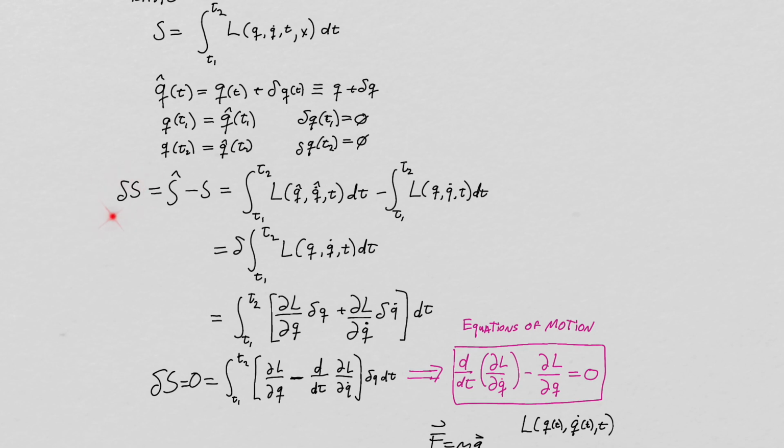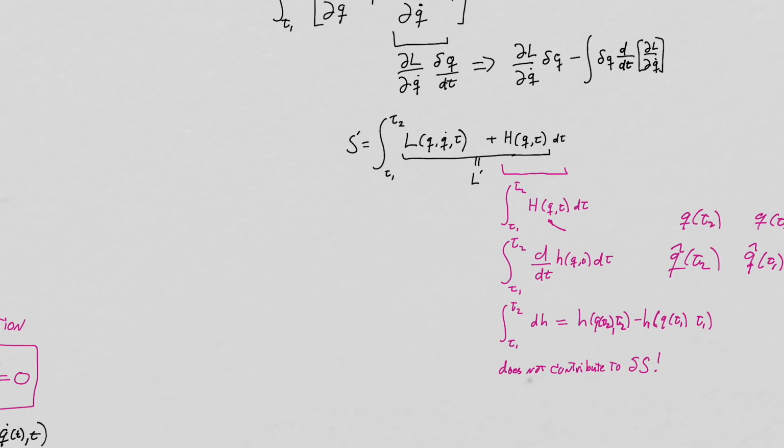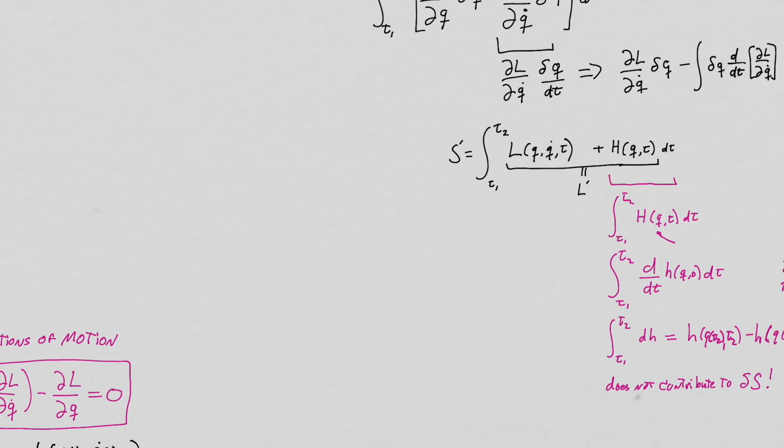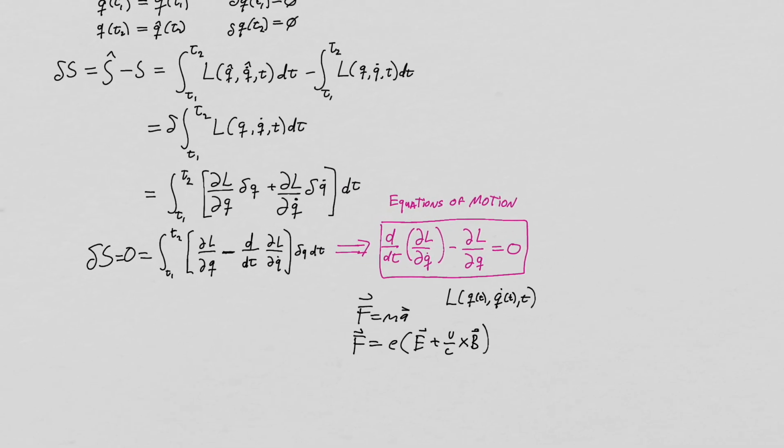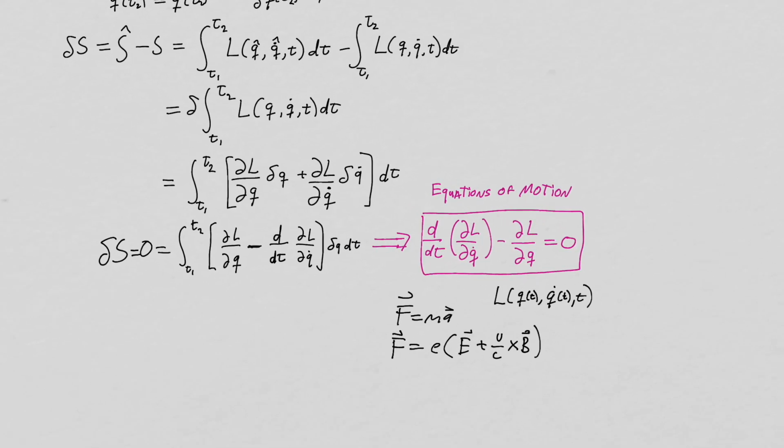The point is now your action is still zero. So these Lagrangians, the Lagrangian with this extra function added onto it, if that function was the total derivative of some other function, right? If you add a total time derivative to the Lagrangian, you get the same equations of motion. So there's this redundancy in the Lagrangian. And these kinds of redundancies are really important in physics because they come up in so many different ways.